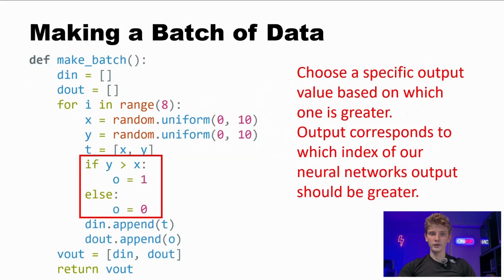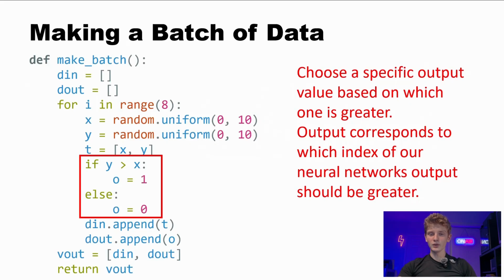Now, based on these two randomly generated inputs, we'll use a simple conditional statement to determine what our expected output should be. So if y is greater than x, then our expected output will be 1. Otherwise, our expected output will be 0.